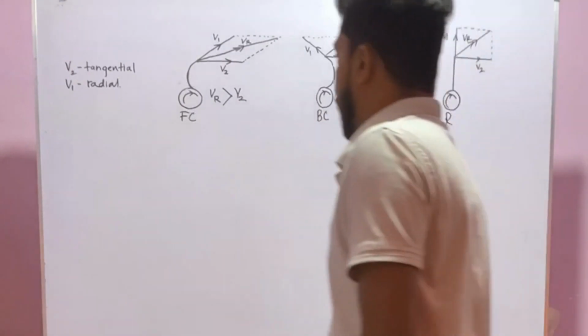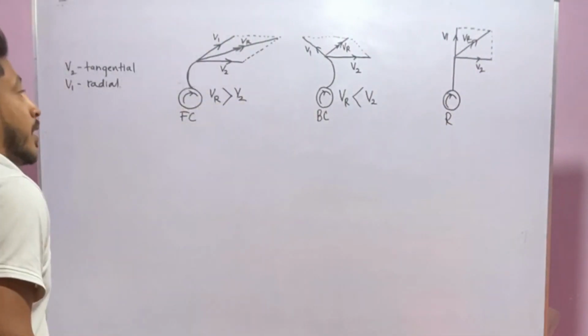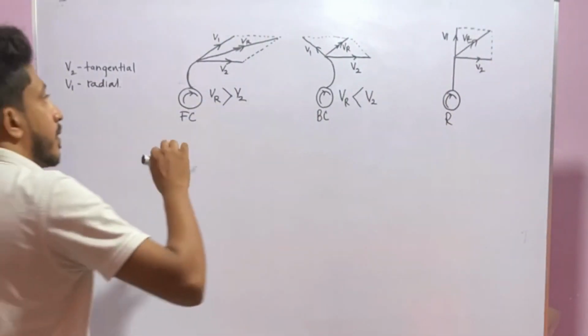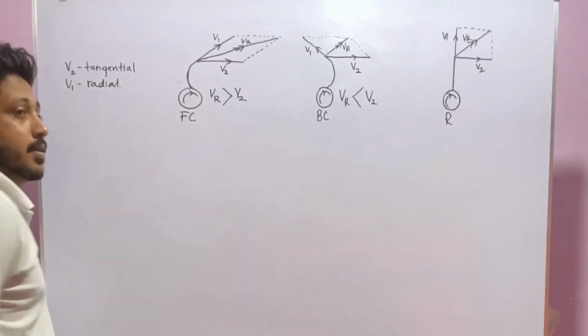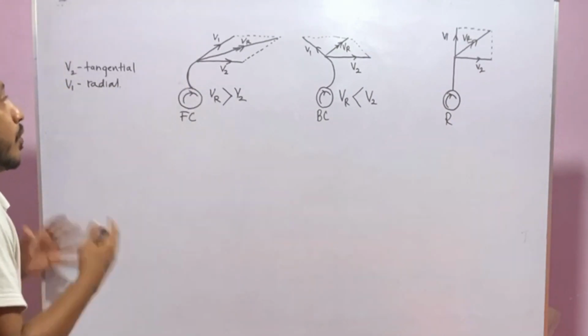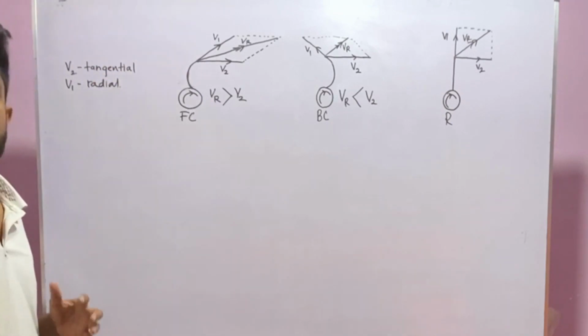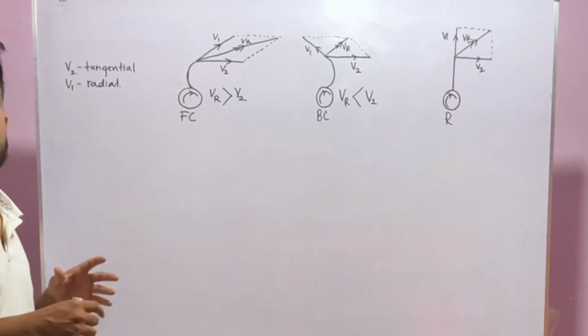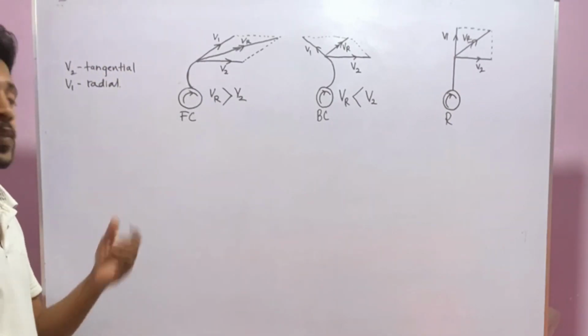Okay, let's analyze the characteristics. So it is very clear that the air particles leaving the impellers of forward curve fans have a greater velocity than the fan speed.